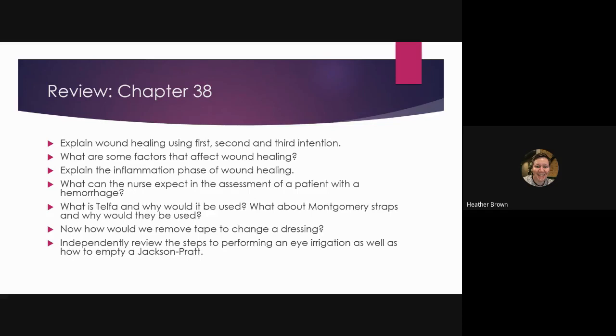The next one. Now let's spend a minute here. What do you expect if your patient is hemorrhaging? So they're losing blood. Remember, we talked blood pressure. Blood pressure is mainly composed of volume. When you have too much volume, your blood pressure goes up. When you have too little volume, your blood pressure goes down. Now, as your blood pressure goes down, your pulse goes up because you don't have enough volume.